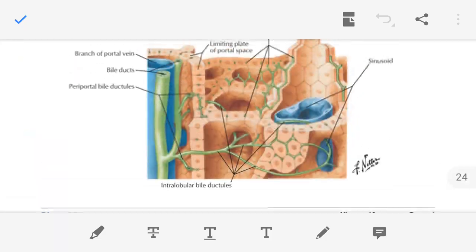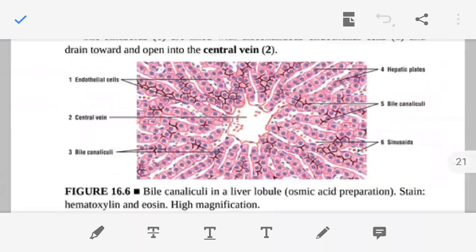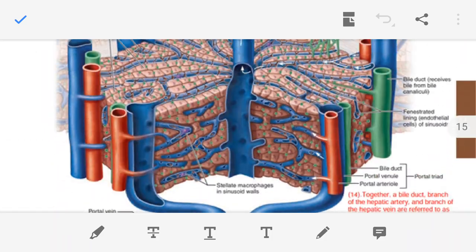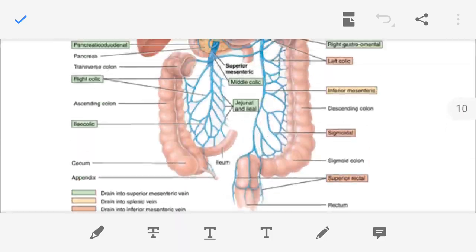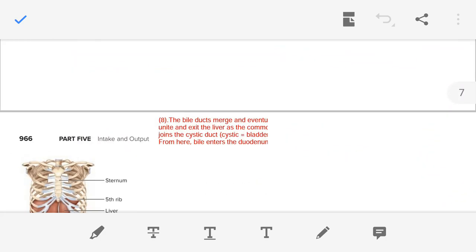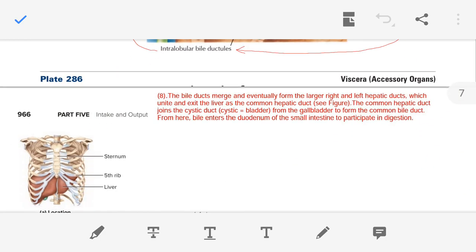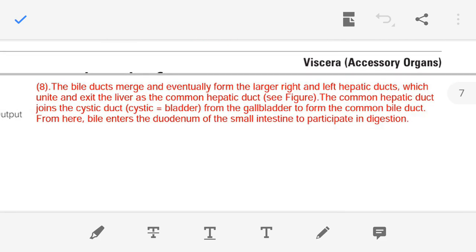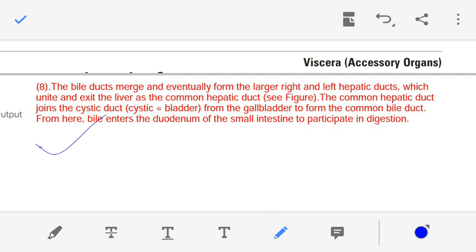So this was the 8th point of our discussion. We are moving back to point number 8. If you go through the figure, you can easily understand this.